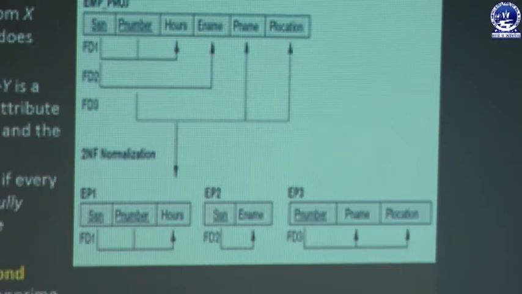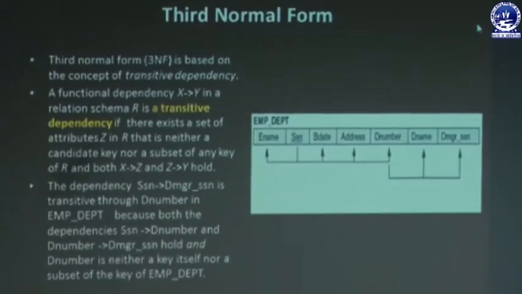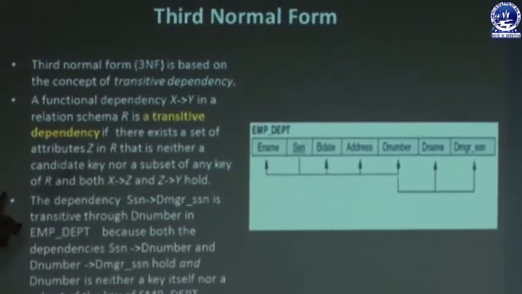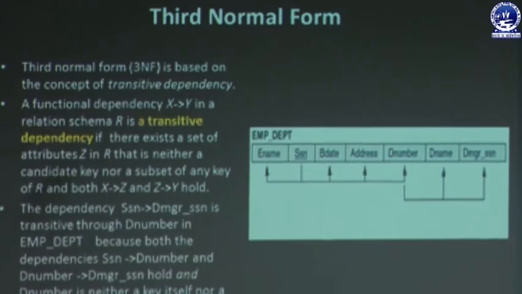Then we have to discuss third NF. Then we have to know third normal form or 3NF or third normalization. The third normal form is based on the concept of transitive dependency. So, first we have to know what transitive dependency is. Transitive dependency holds when a non-key attribute determines another non-key attribute.